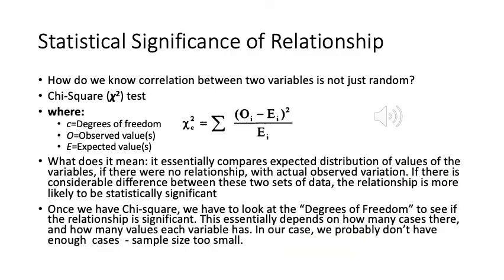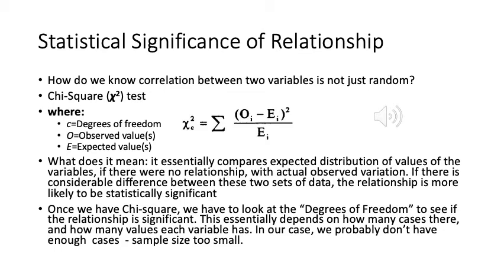Now, in order to test whether the relationship between two variables, and particularly two categorical variables, is statistically significant, we do what is called the chi-square test. Here you see the formula. Essentially what you're doing in a chi-square test is comparing the expected distribution of values of variables if there were no relationship with the actual observed variation.